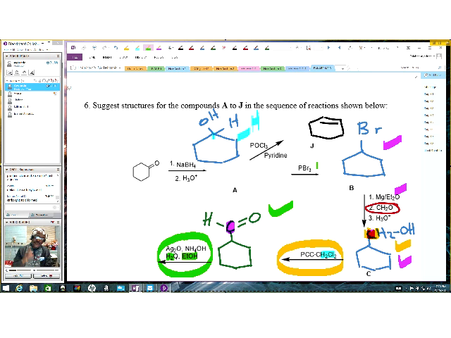Keep in mind, you need to know what these reagents do. Whenever you have silver oxide in the presence of ammonium hydroxide and you have an aldehyde, what you get is a carboxylic acid. So therefore, this is this here.